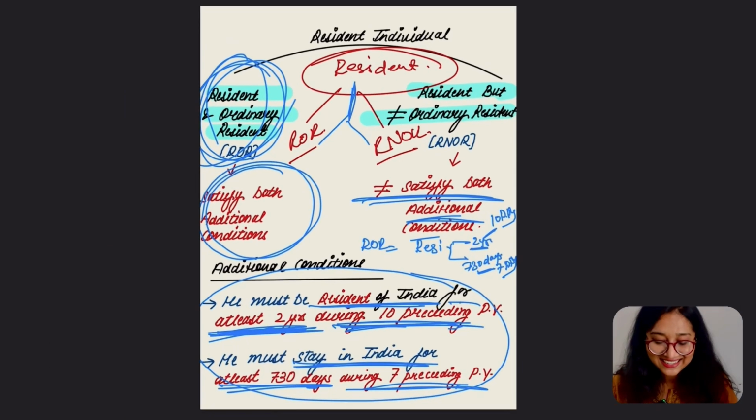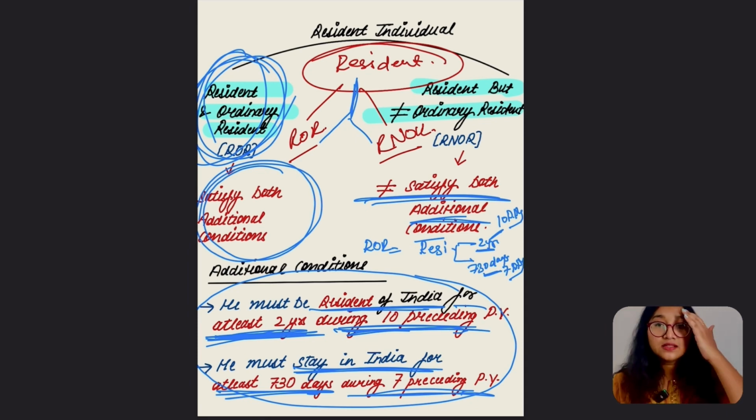Is it clear? First of all, there are some basic conditions to identify the residential status of the individual. If the person satisfies either of these two basic conditions, then they would be resident of India.